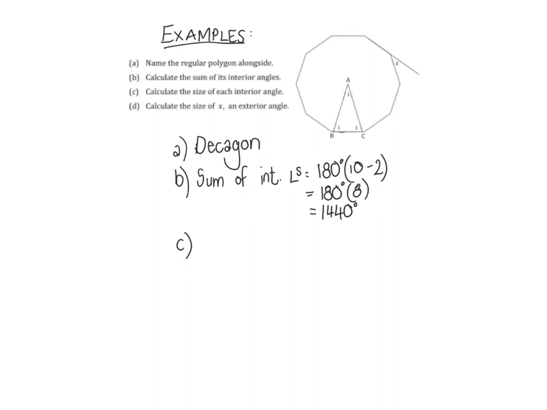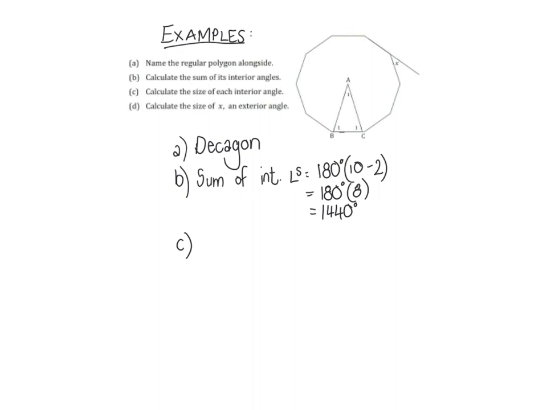Now for question C, calculate the size of each interior angle. So if you think logically about it, you would just divide your sum of all the interior angles together by the number of angles there are, because remember, this is a regular polygon and all the angles are the same size each, so you can divide it evenly.